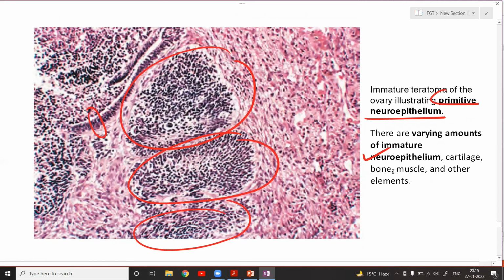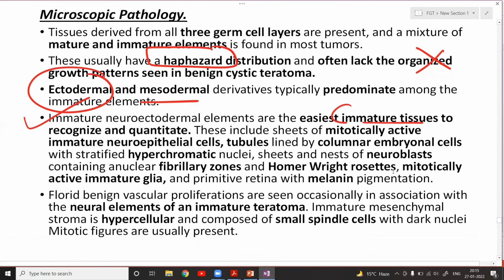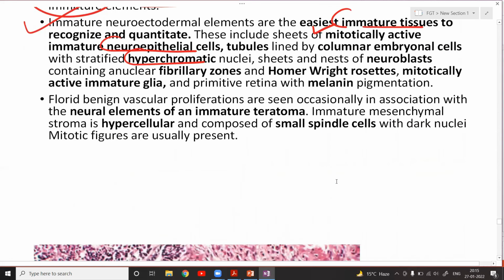That is why the classification and the grading of the immature teratoma is based on the amount of primitive neuroepithelium. These include sheets of mitotically active immature neuroepithelial cells containing hyperchromatic nuclei, as we can appreciate.